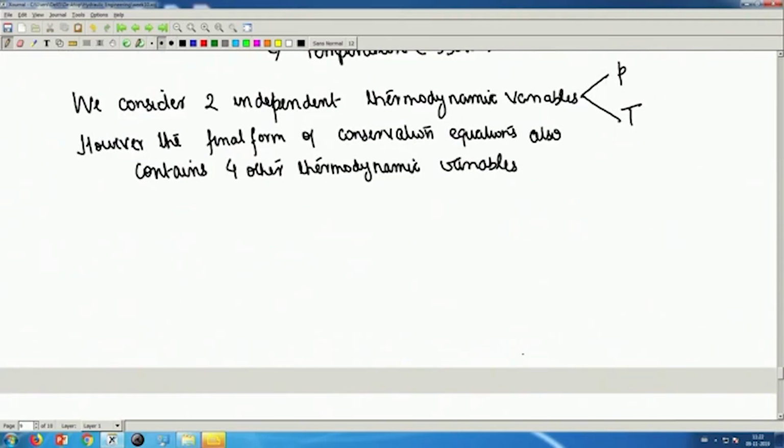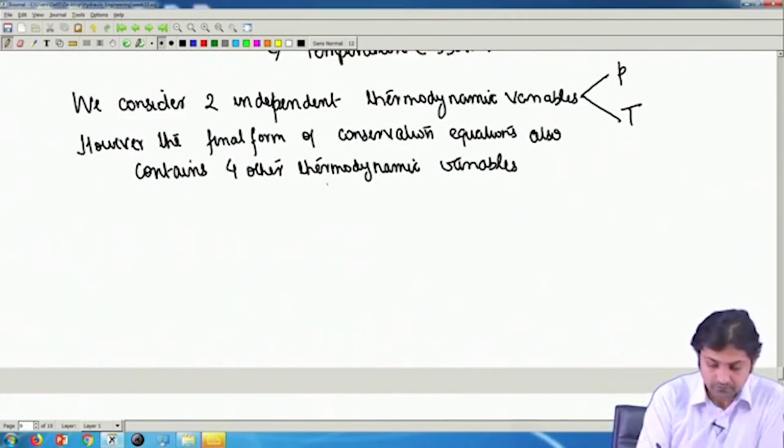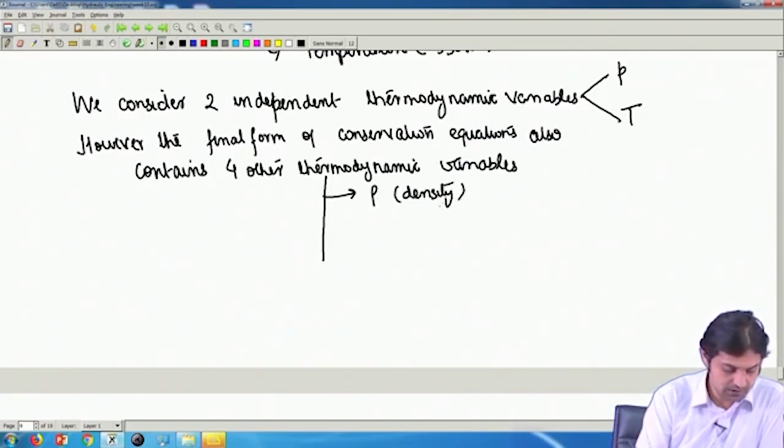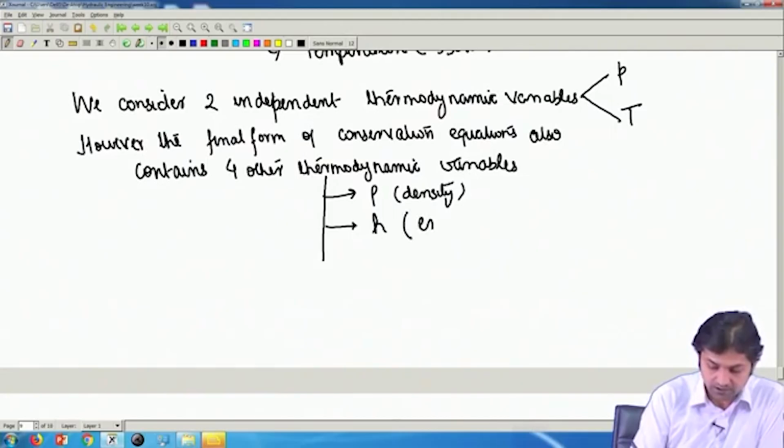We are going to write it down. One is rho, also called density. Second is H, that is enthalpy.